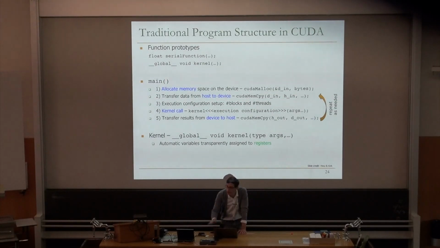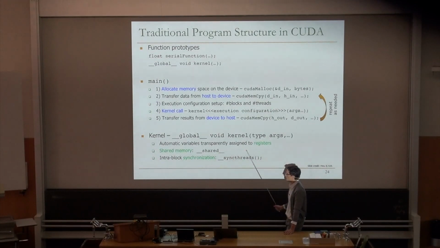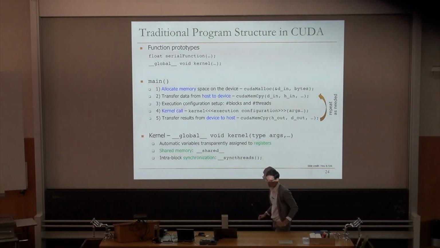These automatic variables are going to be allocated by the compiler into the registers, and then as programmers we can define how to use the shared memory, this scratchpad memory that is on chip, within each of the compute units. And we already talked about the fact that we can synchronize threads that belong to the same block. The way that we are going to synchronize these threads is writing in our code something like this __syncthreads that you can see in the slide.